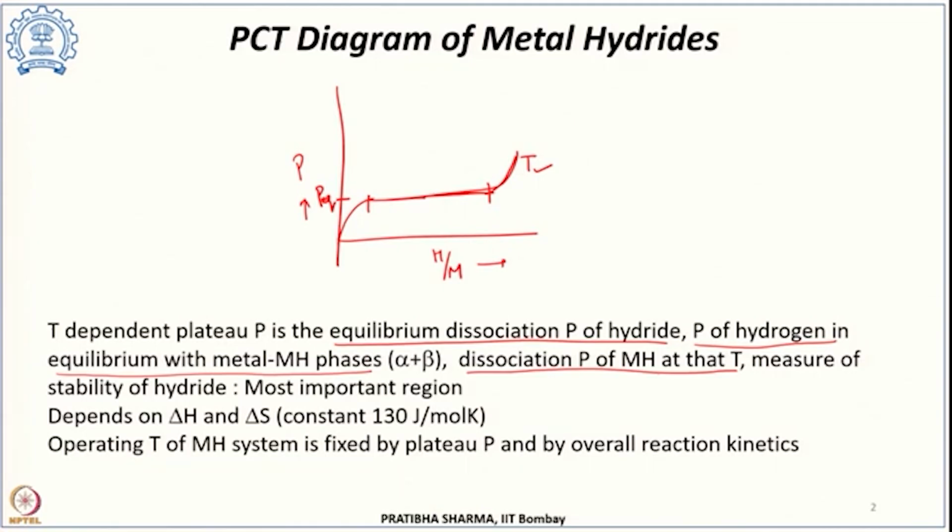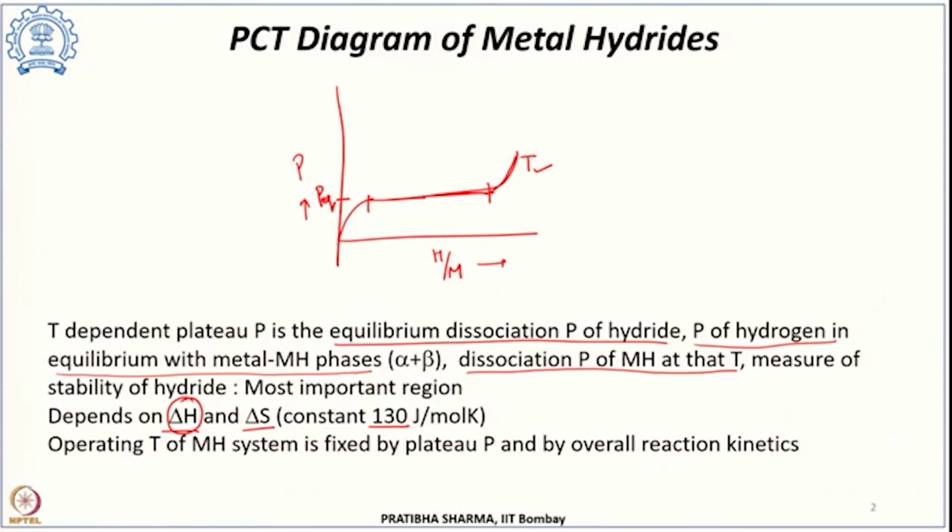So this equilibrium pressure, through van't Hoff relation, in the previous class we have seen that it depends upon delta H and delta S, but delta S we know remains constant. So this equilibrium pressure is related to delta H, which in turn is related to the thermochemical stability of the metal hydride.